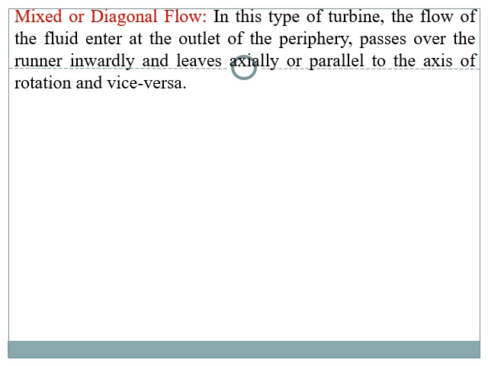After inlet, the water flows in the inward direction, exactly perpendicular to the axis of the shaft. Then it exits parallel to the axis of the shaft. That is called the axial direction. That means there is a combination of radial inward flow as well as axial exit.